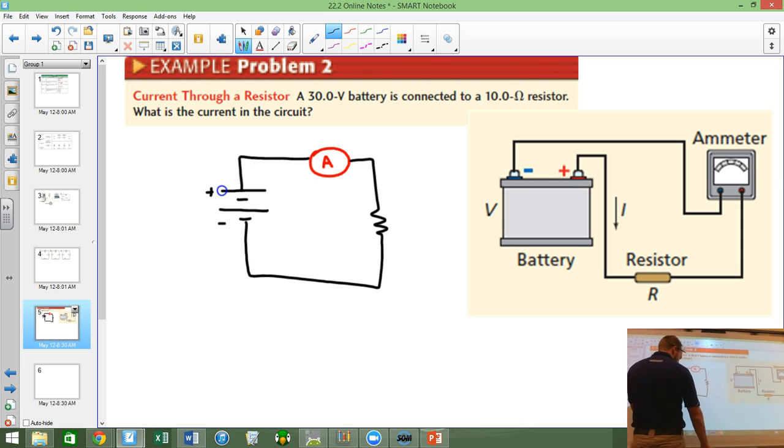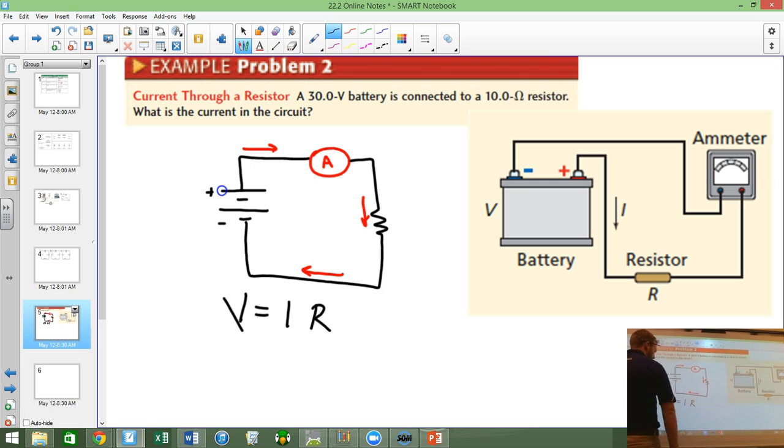And my current is going to actually travel in this direction. Current always travels from positive to negative, conventionally. And so we're going to use Ohm's law, V equals IR, to figure this out. So we've got a 30-volt battery. What current? And the resistance is 10 ohms.